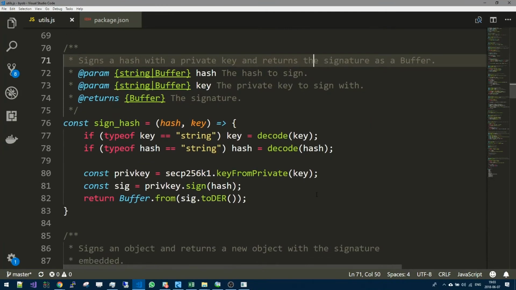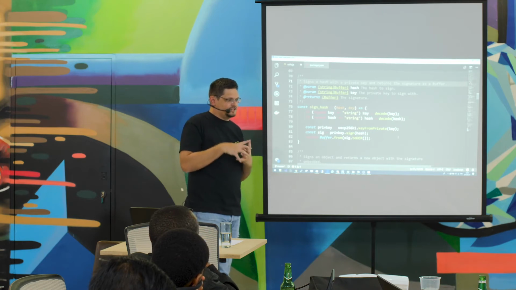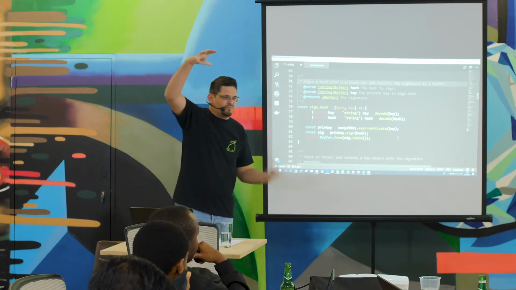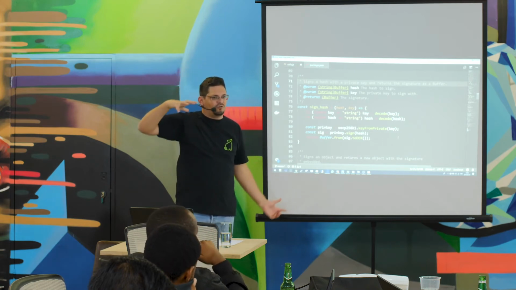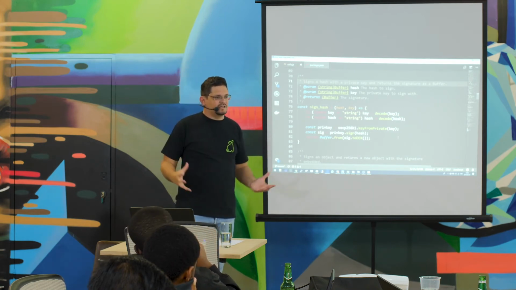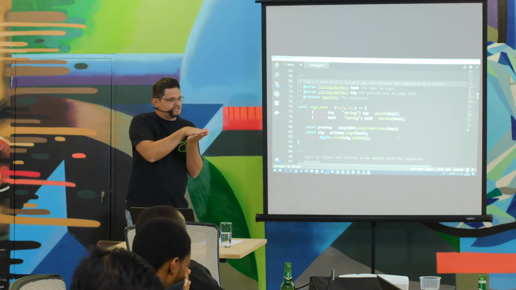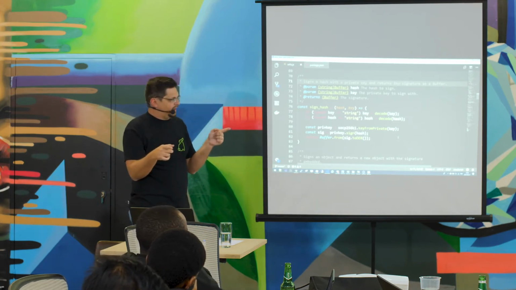The next one goes hand in hand with it. It's called sign hash. This is a utility function that's kind of the bones of how to make a digital signature, how to make a cryptographic signature. If you want to sign a block of data, you don't go through all the bytes of that data and sign it. You digest it first, so you end up with 32 bytes, and then you sign that.